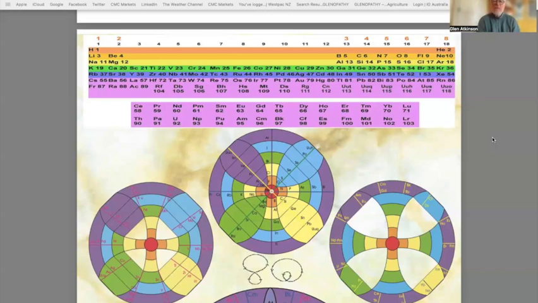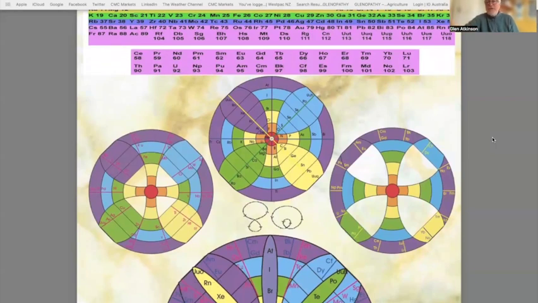There's 8 of them. The trace elements are the 5th harmonic, and the lanthanoids and actinoids are the 7th harmonic. And so we can see them as layers in creation that settle out. They actually manifest. And so this is the first observation that we can make about this group of elements.